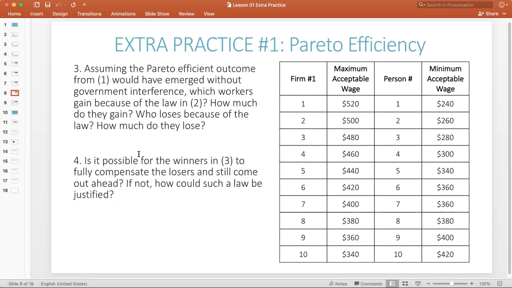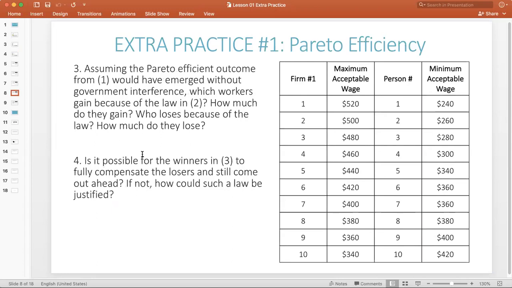So then for number 4, it says, is it possible for the winners in number 3 to fully compensate the losers and still come out ahead? If not, how could such a law be justified? So what I just said with the total amount gained and lost, that's what you're looking at. The winners gained $300, which doesn't fully compensate the lost $500. So they're not able to compensate the full thing and they can't come out ahead.